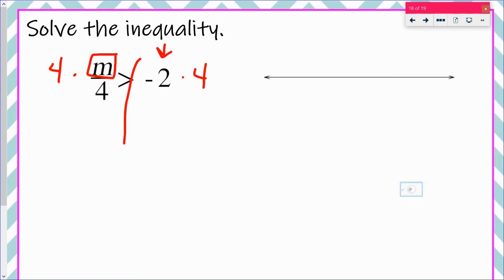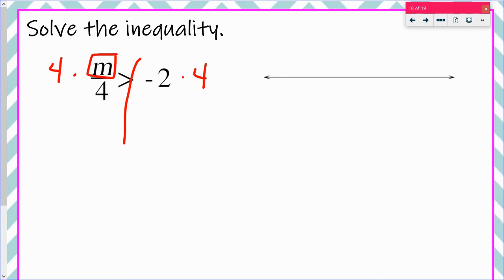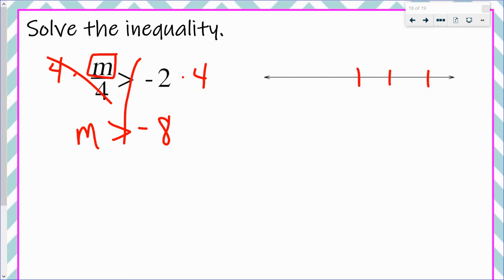So this number attached to the m is positive. It's a positive 4 over here. So in this case, I do not flip the inequality. Okay, so I'm going to do an open circle on negative 8, shading to the right.